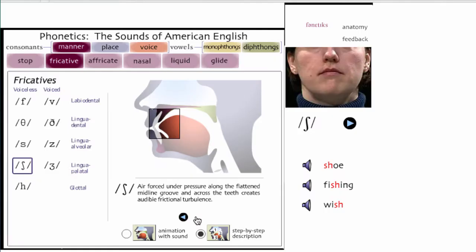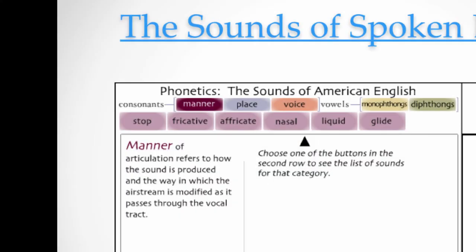You can study all of the sounds here, all of the consonant sounds, but also the vowels. But we will take a look at the vowels later.